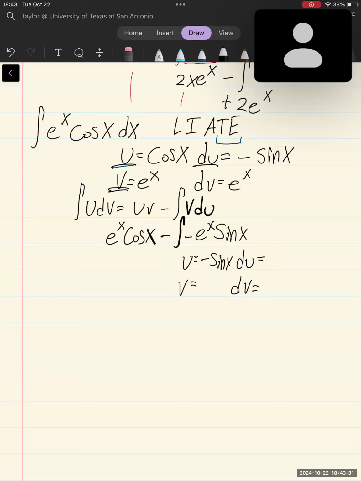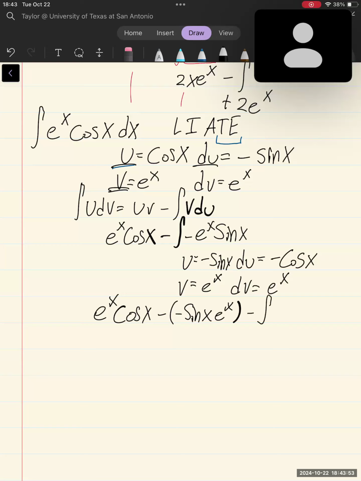Okay, and then this is negative cosine e to the x, e to the x. So now I have e to the x cosine x from the first expression, minus sine x e to the x minus the integral of minus e to the x cosine x.